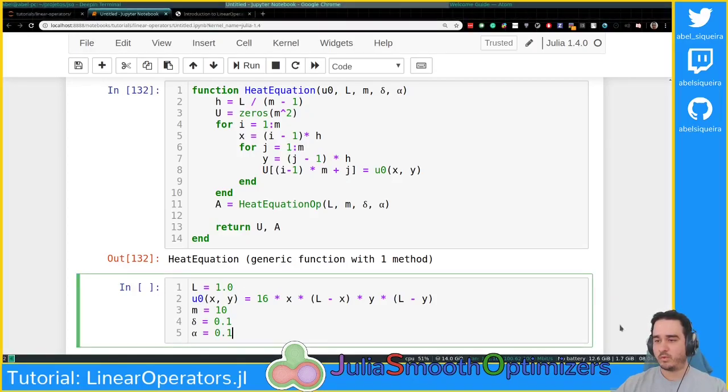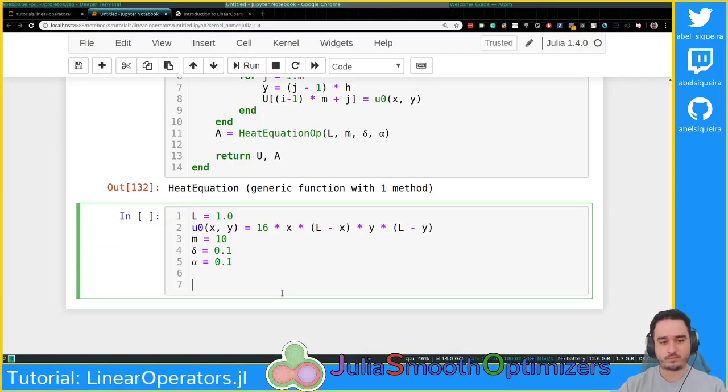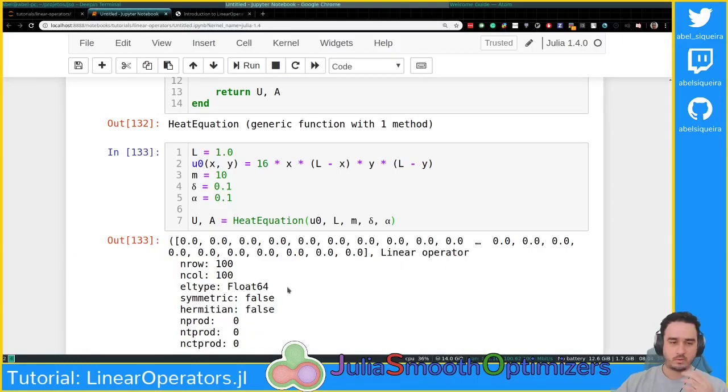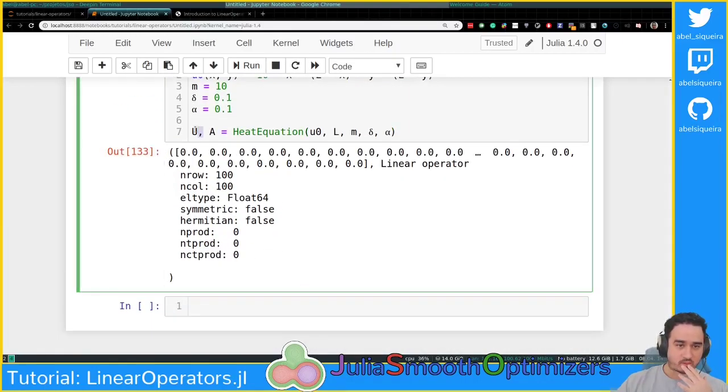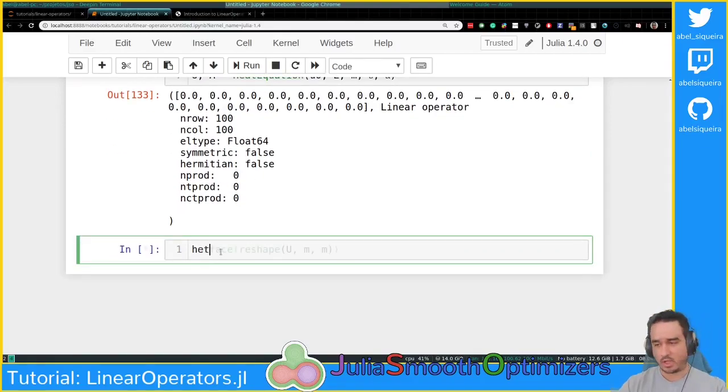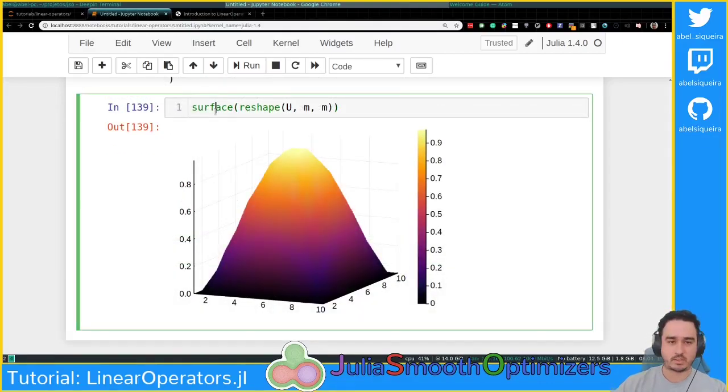And what you're gonna have is U, A equals heat equation of U0, L, m, delta, alpha. U is the starting value, and A is how you compute the next solution. I can simply say heat map is better.